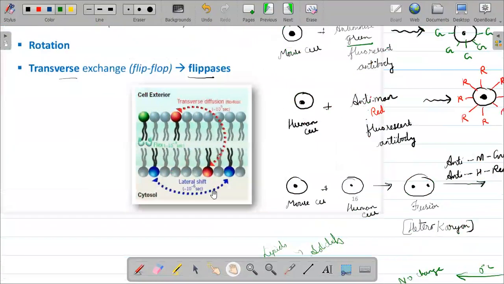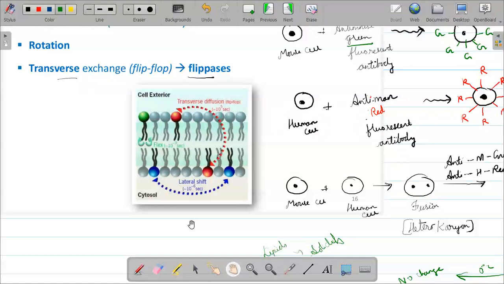That property is explained here, and this is catalyzed by an enzyme called flippase, which helps in shifting the lipid molecules present in the plasma membrane from one location to another. So when we add some temperature other than 0 degrees Celsius, with the help of the enzyme flippase there will be an interchanging of position of lipids.